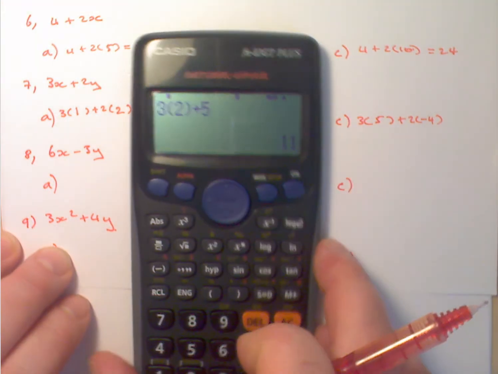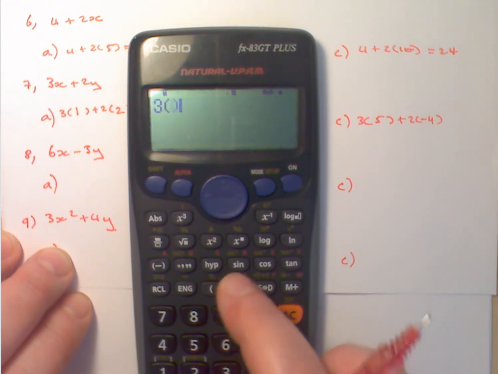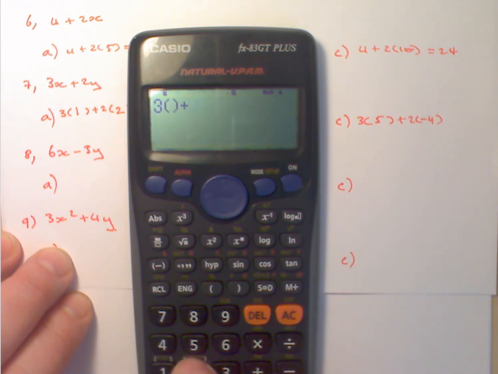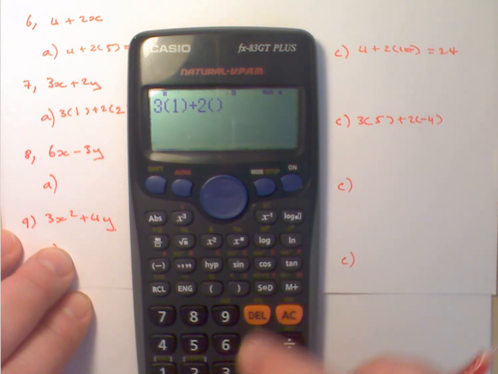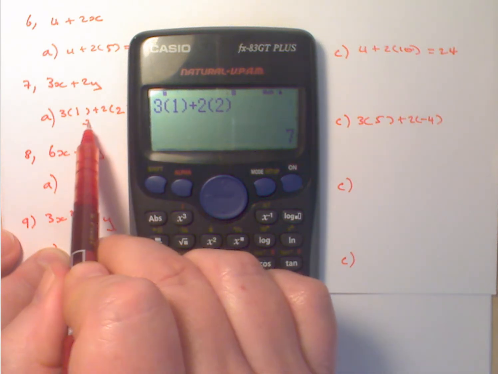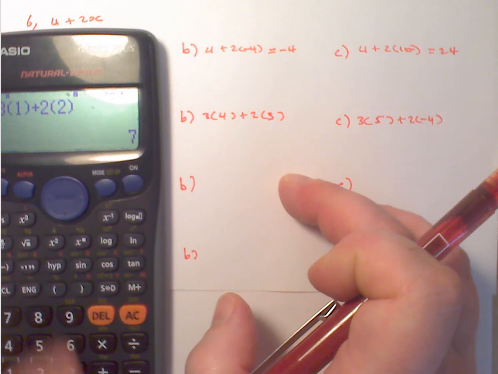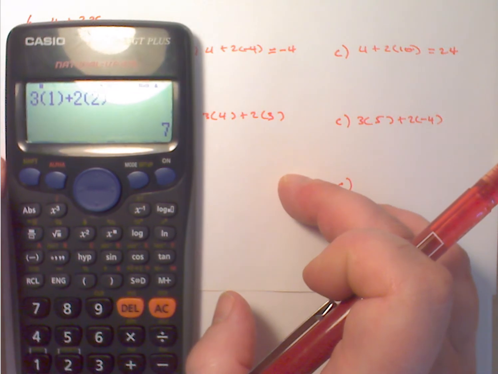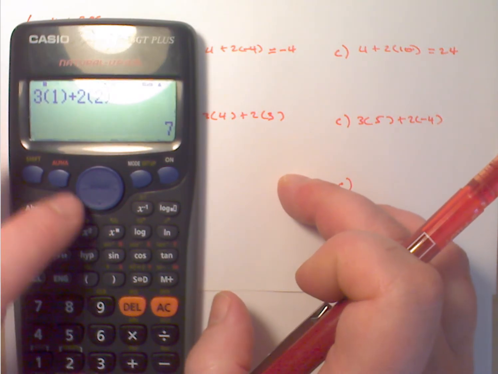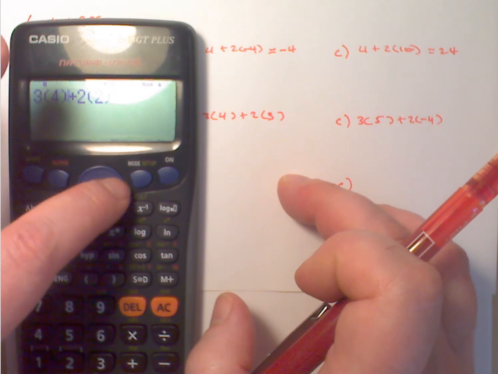So in the first bit, I'm going to do 3 open bracket plus 2 open bracket, okay, and I wanted the x to be 1 and the y to be 2. That gives me 7, so that one is 7. And here they wanted the x to be 4, so I'm just going to scoot back up and change that to a 4 and change this one to a 3.